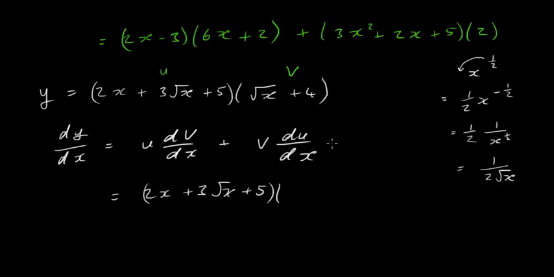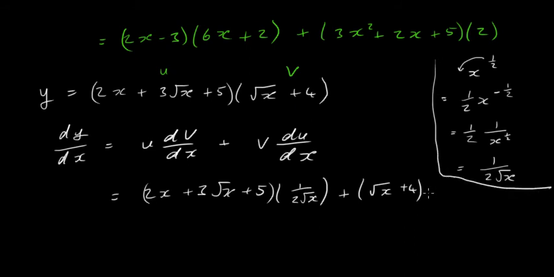So anyway, this was u, we're looking at dv/dx, so we've got to differentiate v here. We differentiate root x and we get 1 over 2 root x. The 4 here just becomes 0. Now we want plus, we want to write down v, which is root x plus 4.